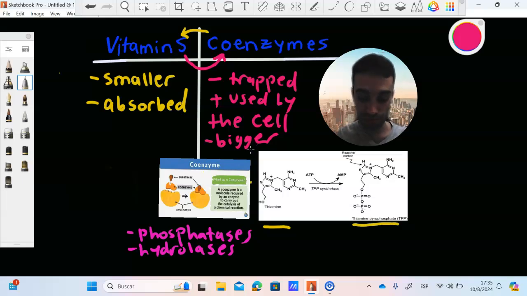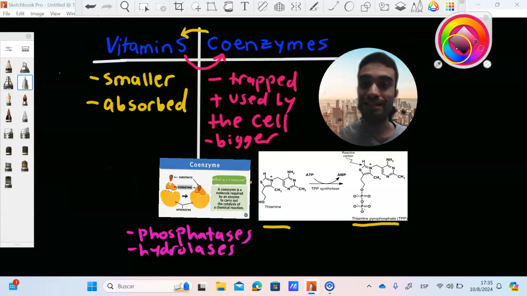So this is really, really important to understand. So we ingest vitamins and coenzymes, but the coenzymes are digested into smaller vitamins by phosphatases and hydrolases. They're absorbed, they're taken in by the cell, and then in the cell it's metabolized to the coenzyme form, which is bigger. And how do they do that?